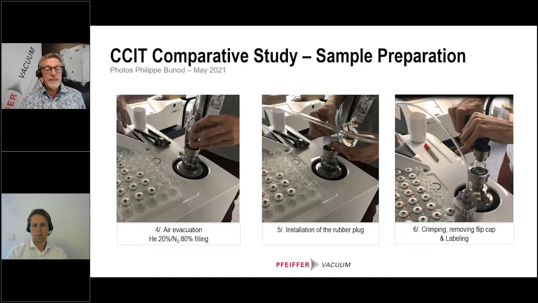We first evacuate the air from the bottles, and we flush the bottle with the gas mixture, 20% helium, 80% nitrogen, before removing the tooling here and putting the rubber plug on the vials. And finally, we crimp and we put a label on each vial.